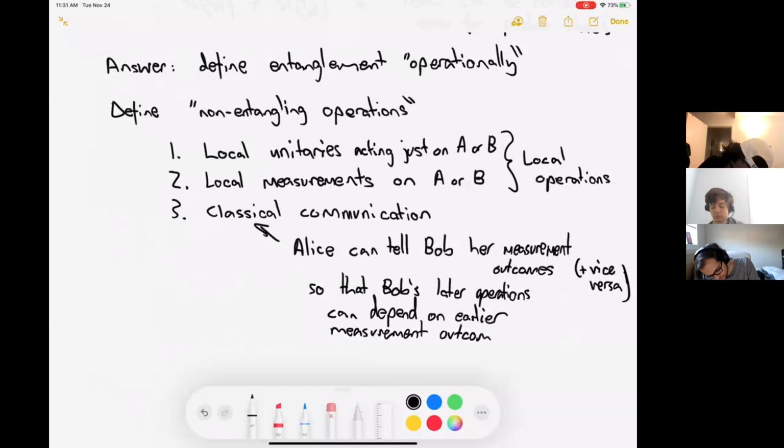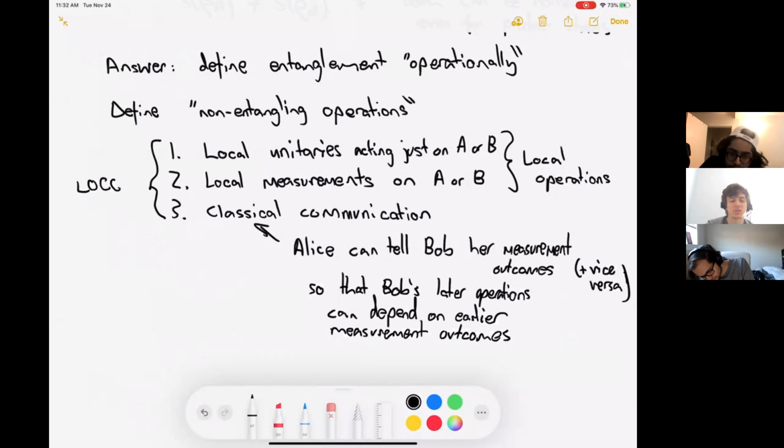Okay. So these three things are collectively known as LOCC, local operations and classical communication.